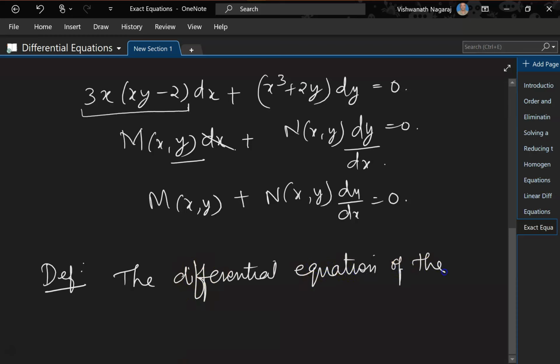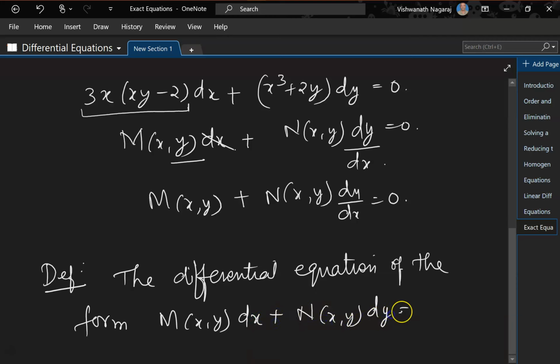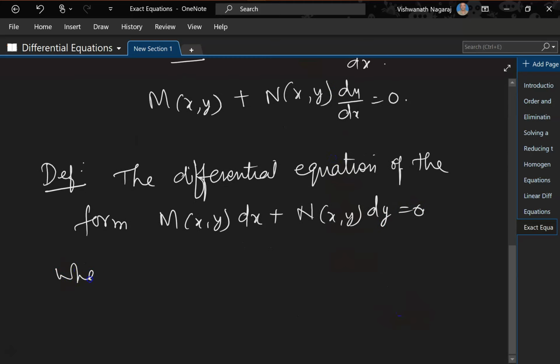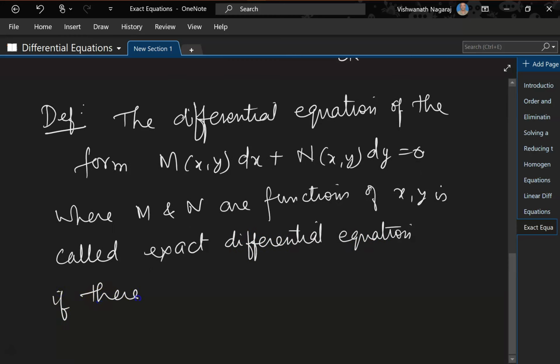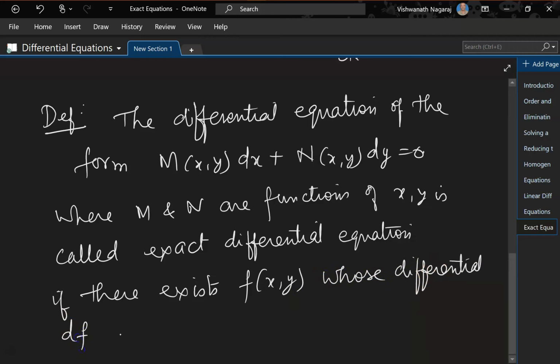The definition of an exact equation is: a differential equation of the form M(x, y) dx + N(x, y) dy = 0, where M and N are functions of x and y, is called an exact differential equation if there exists a function, let's say f(x, y), whose differential df is M dx + N dy.